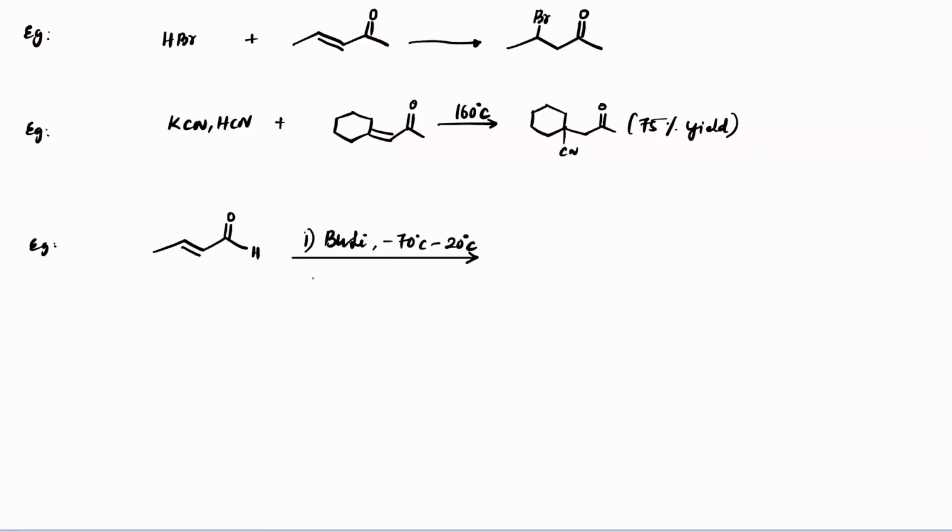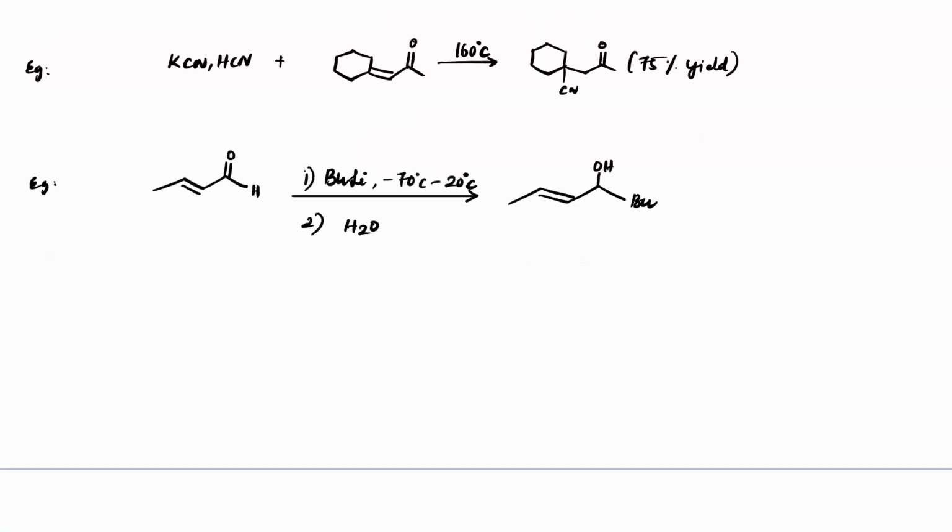Got it? Then second is H2O. In such cases, definitely 1,2 will be highly favorable. So you'll get this as OH and Bu. This is the connection that will happen.